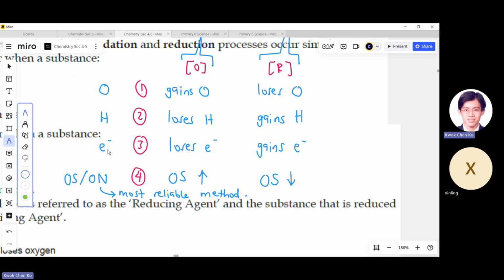It works all the time, for all reactions. Just keep that in mind. Anytime you're not sure, use your OS to find out whether it's oxidation or reduction.